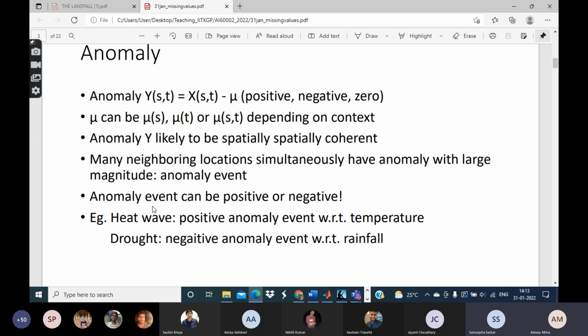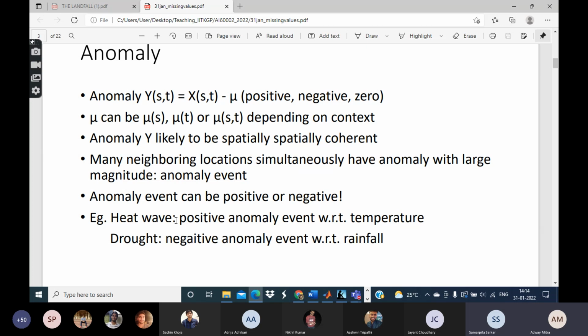Now, when several locations in a given region simultaneously have an anomaly of a large magnitude, that is called an anomaly event. So suppose there is a heat wave kind of thing. A heat wave is usually not a very localized phenomenon.